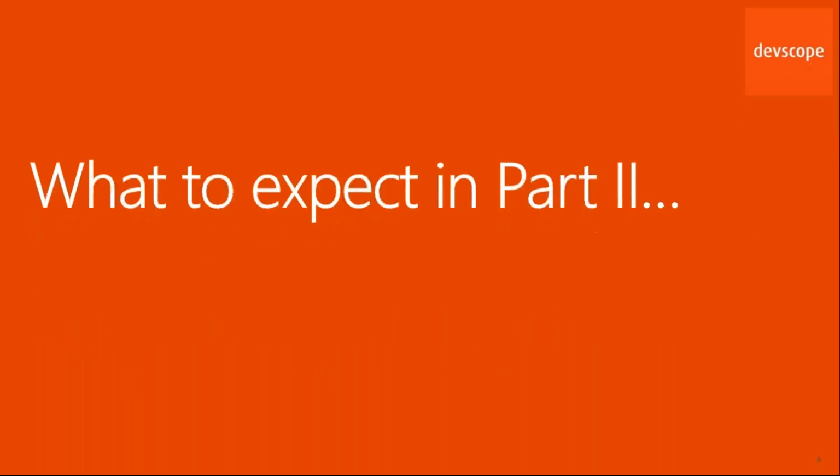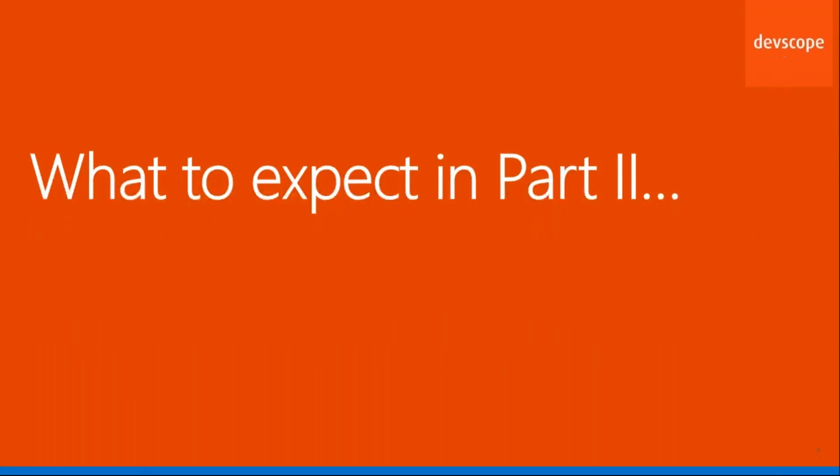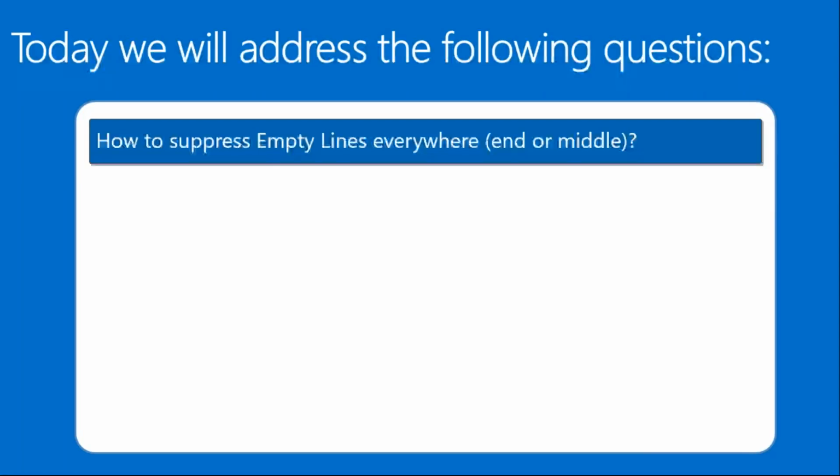So in this part 2, I will try to address how we can remove empty lines from anywhere. If the file contains an empty line in the middle of the file, at the end of the file, or at the beginning of the file, how can we ignore those empty lines?